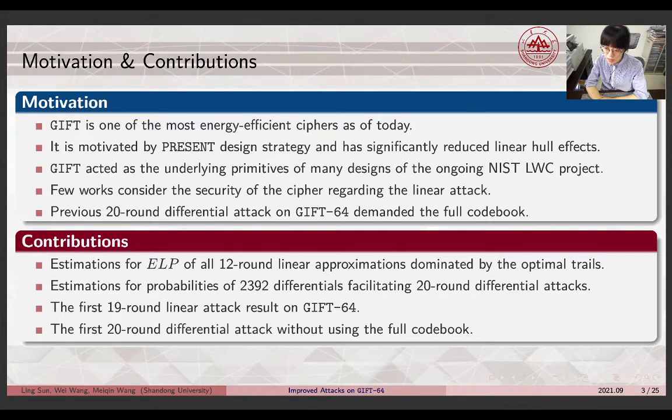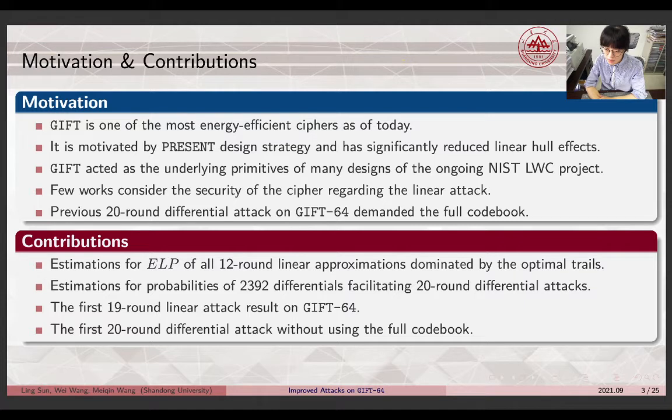When we investigate the security of GIFT-64, we find few works consider the security of the cipher regarding the linear attack. Apart from the study of the 9-round linear hull effect in the design document, we found no linear attack result on GIFT-64.